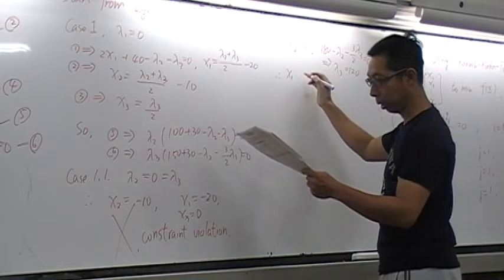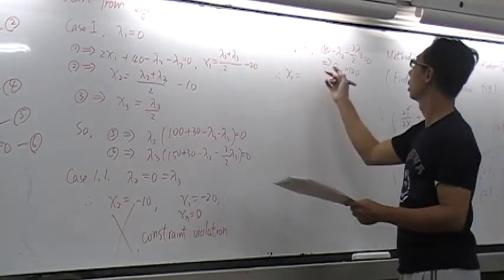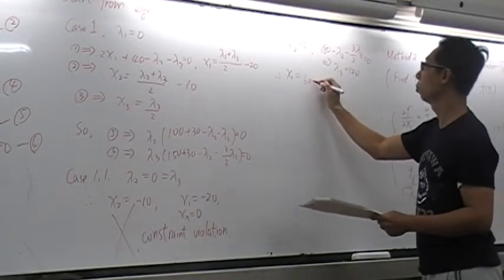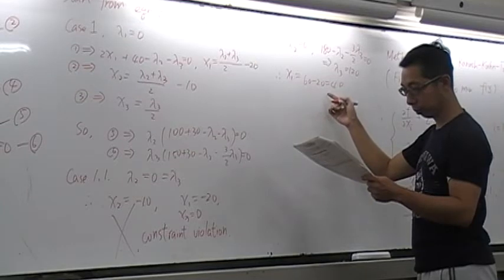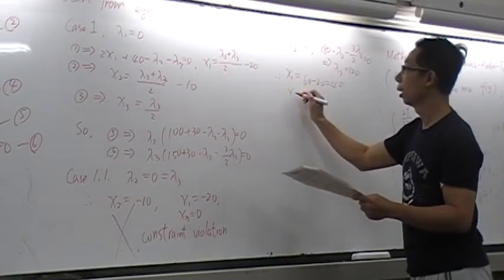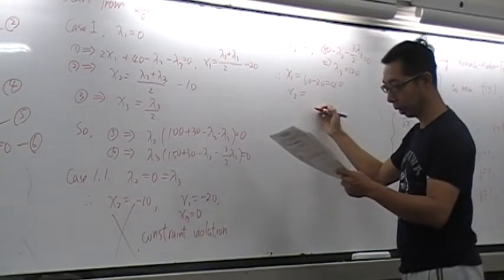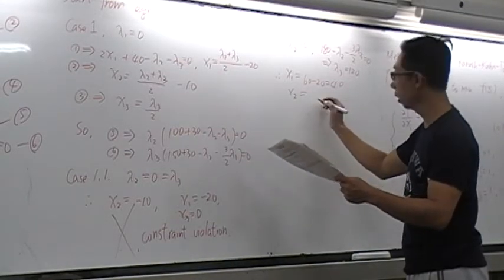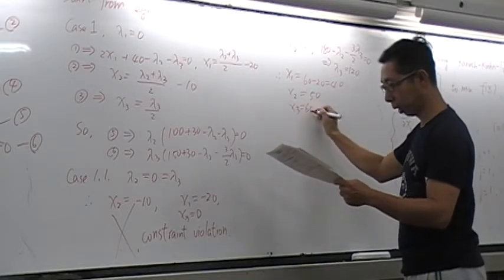So let me quickly show you. So x1 is what? 60 minus 20 equals 40, right? I think you can just solve this by yourself. Okay, let me directly write it down. So x2 equals 50 and x3 equals 60, okay?